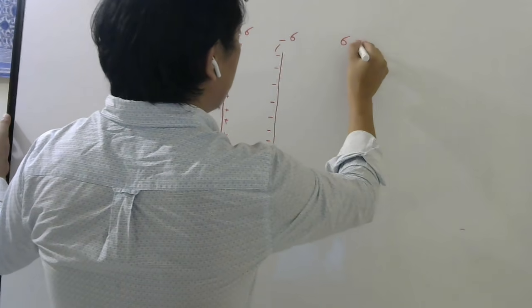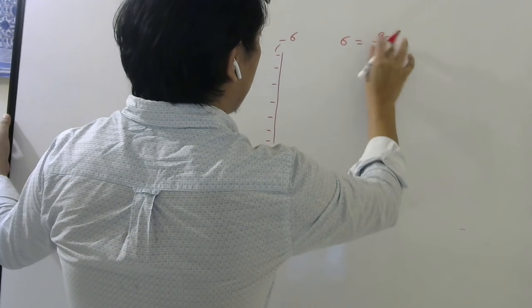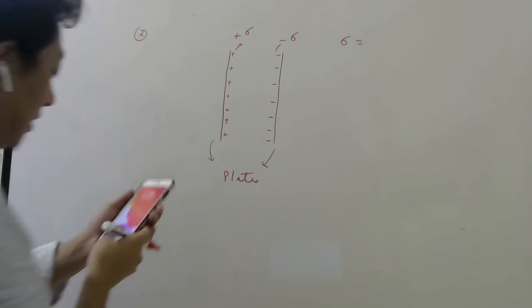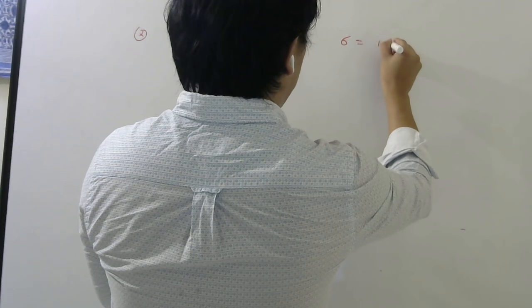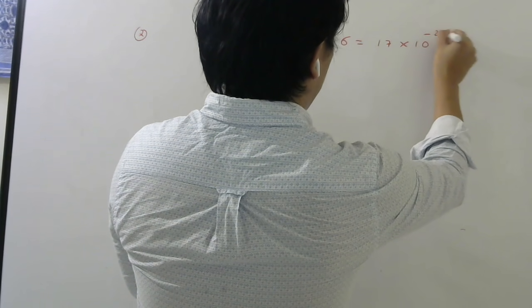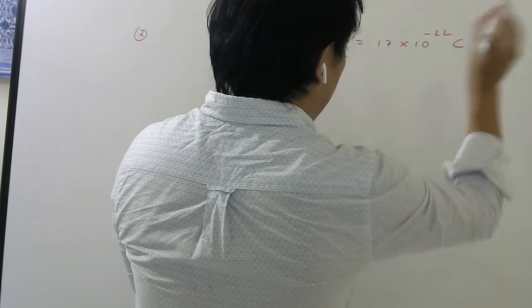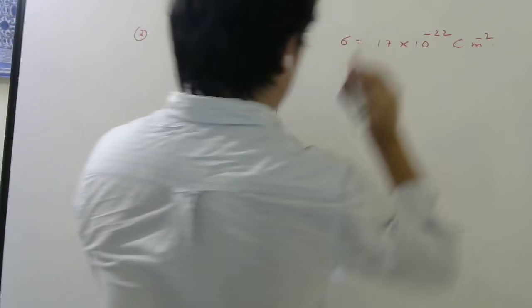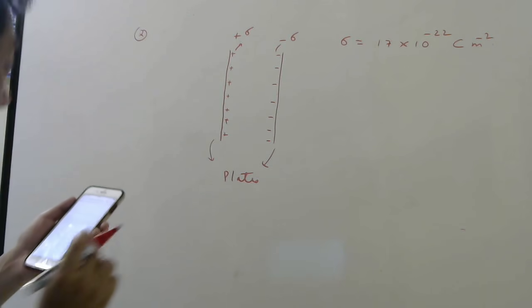So density means what? Charge per unit area, and the value they have given is 17 into 10 to the power minus 22. Unit will be what? Charge is coulomb divided by area, so coulomb per meter square. So this is your surface charge density.